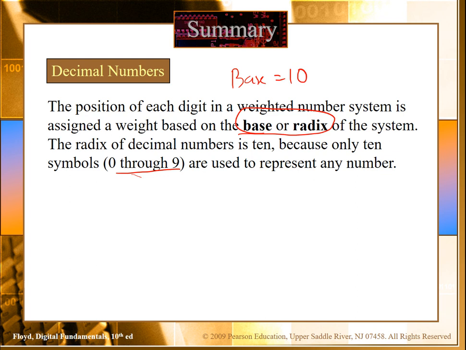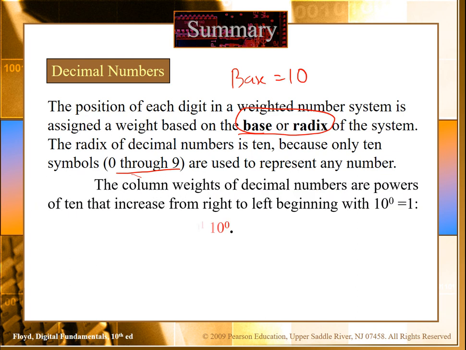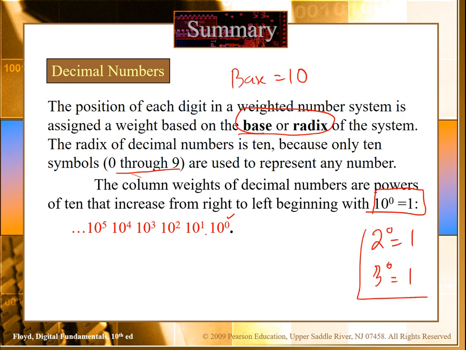If you want to write any number, we can write it according to the base. We will start with the base to the power of 0. Remember this: any number to the power 0, the answer is always 1, like 2 to the power 0 is 1, 3 to the power 0 is 1.